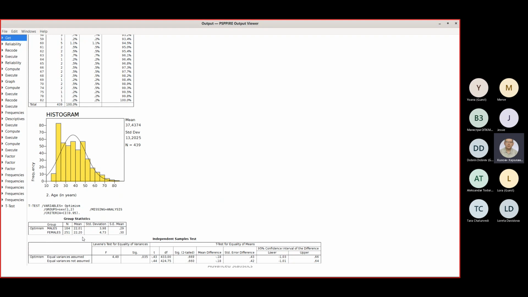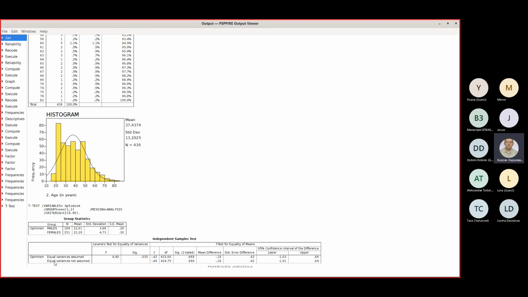To check this hypothesis, we must see the next table, Independent Samples Test. This table consists of two rows. In the first row, you can see equal variances assumed.